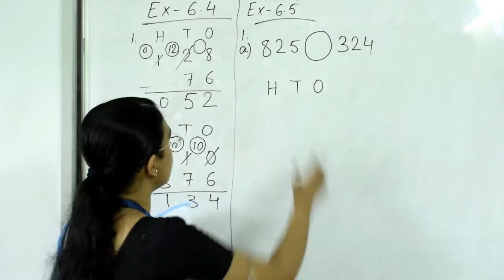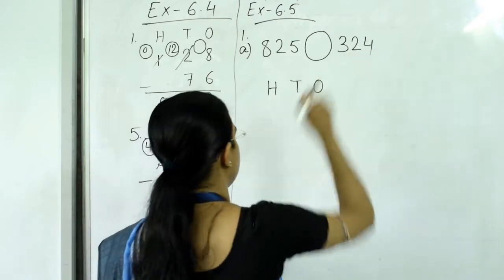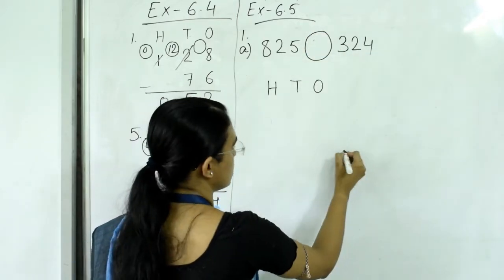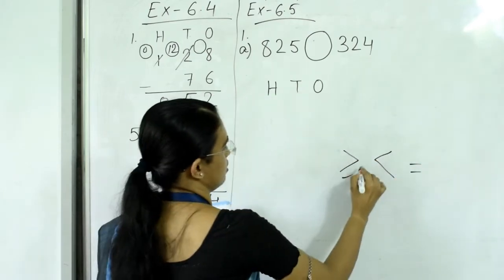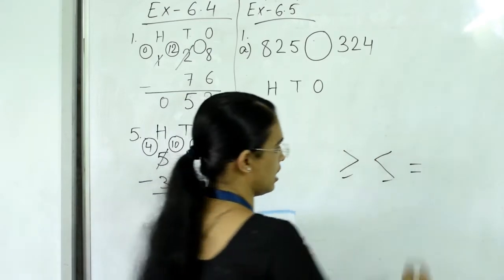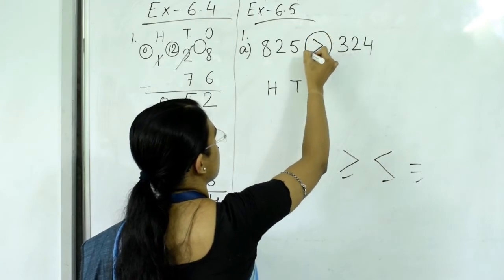So that means 825 is greater than 324. So you have to put which sign, this one or this one. This one is the greater than sign and this one is the less than sign and this one is the equals to sign. So we have to put the greater than sign here.